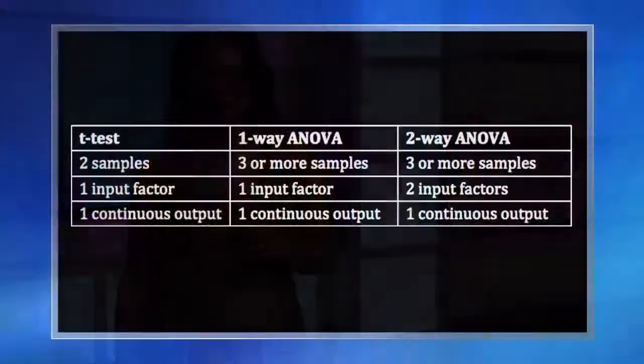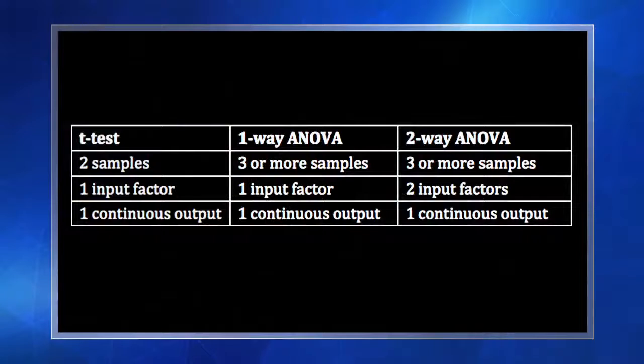Now, a one-factor ANOVA might be marital status, and we could break that factor up into never married, currently divorced, or widow. Or, for example, level of education, and then we could look at the effect on test scores.